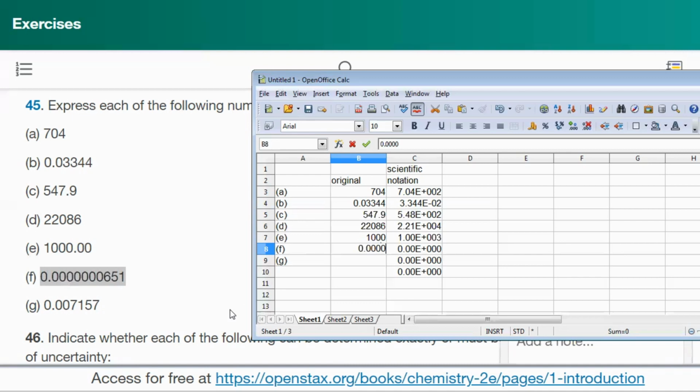So 1, 2, 3, 4, 5, 6, 7 leading 0, 6, 5. G is 0.007157. So look, why don't I go ahead and fix the number?